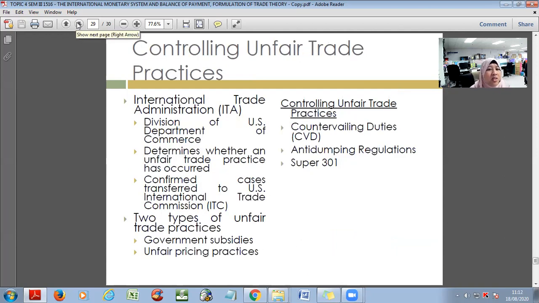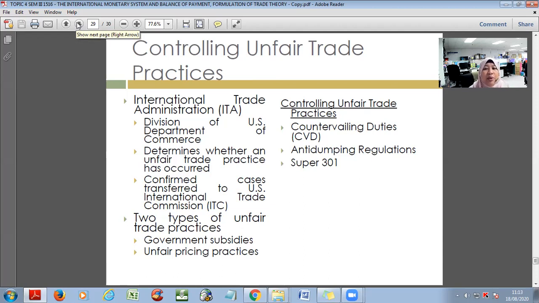International Trade Administration (ITA), a division of the U.S. Department of Commerce, determines whether an unfair trade practice has occurred. Confirmed cases are referred to the U.S. International Trade Commission. This is about the national body controlling unfair practices. They have two types of unfair trade practices: government subsidy and unfair pricing practices.